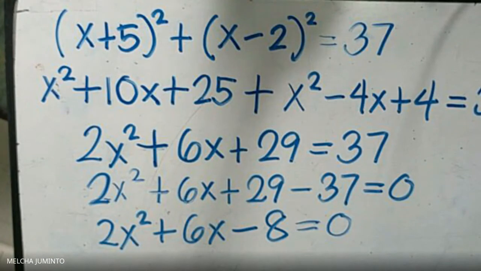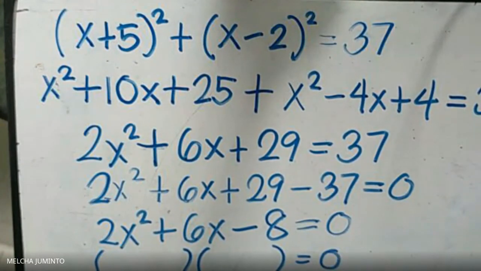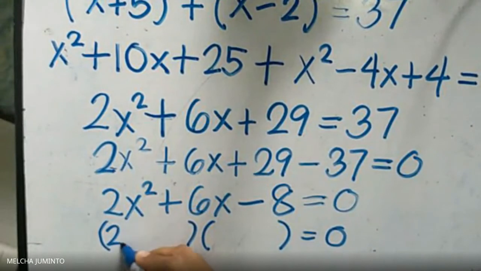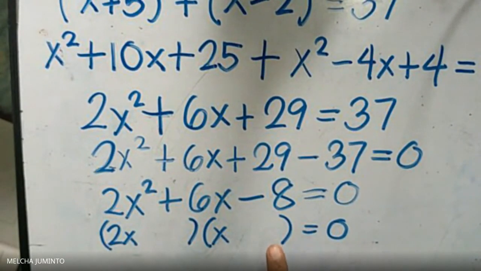Now, we apply factoring again. Let us try factoring the trinomial. So, we can now write 2 binomials equals 0. 2x squared will be 2x times x. Now, 8 will be 4 and 2.